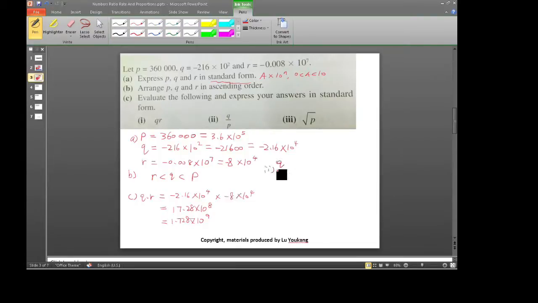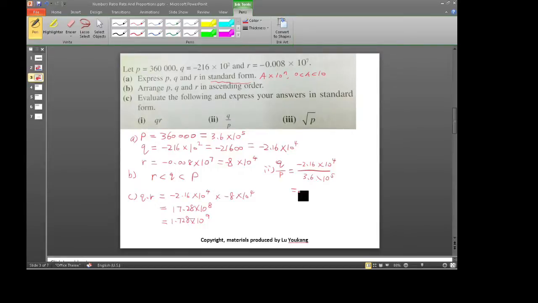And now let's come to part 2, Q over P. So let's write down what is Q in standard form, and let's write down what is P in standard form. So once again, take minus 2.16 over 3.6 first.